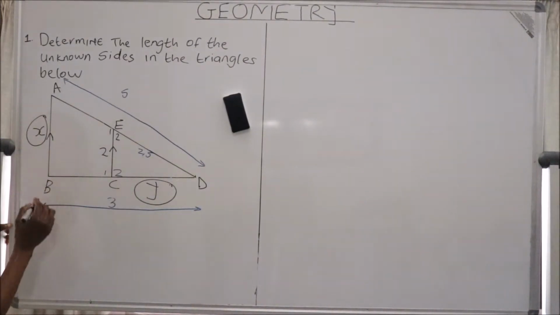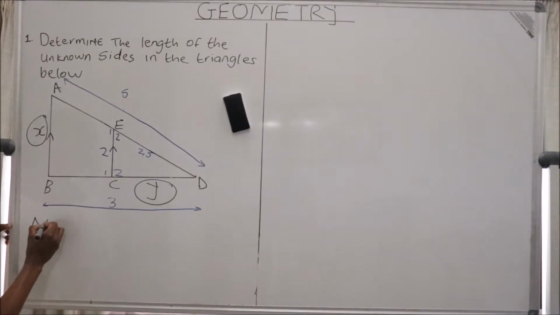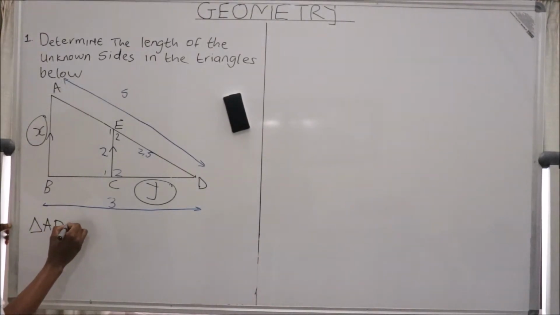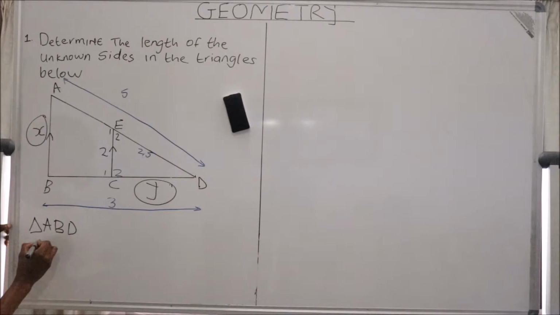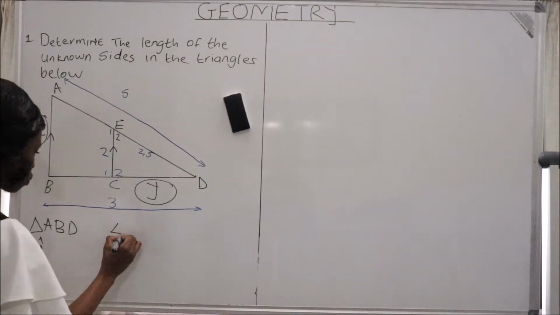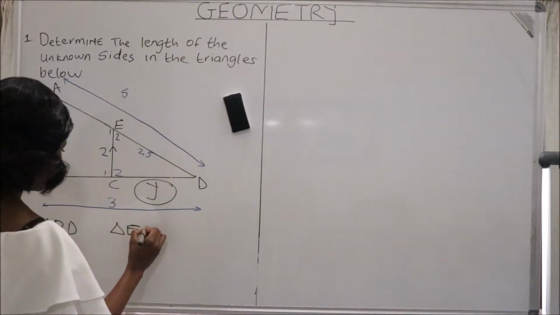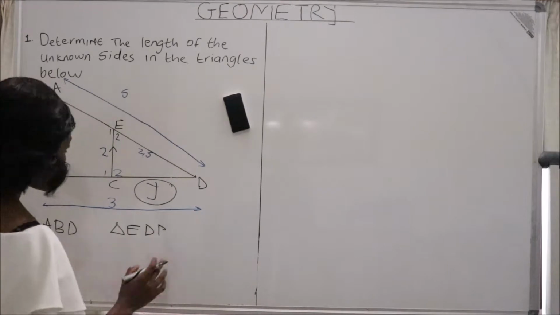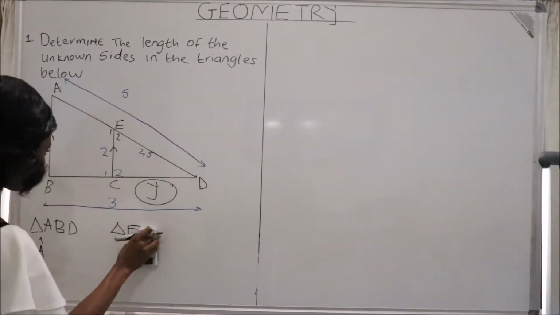Here in the first triangle, which is triangle ABD, we have the angle of A, the angle of B and the angle of D. And in triangle ECD, sorry guys, I wrote D before.